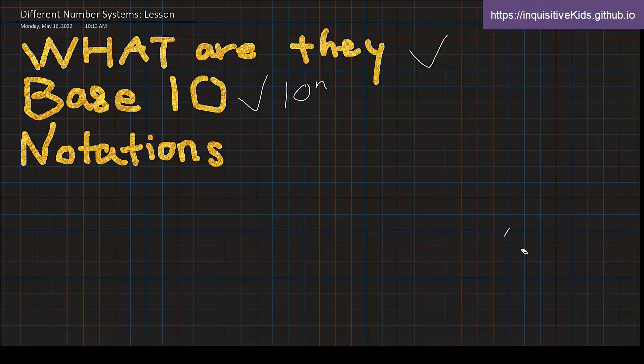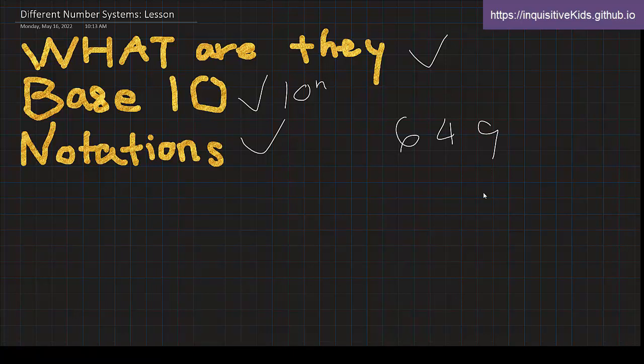All right, now let's look at our final topic, the notation that we're going to be using. Give me a random number. I'm just going to do 649.